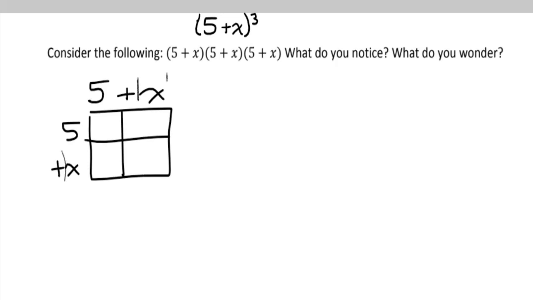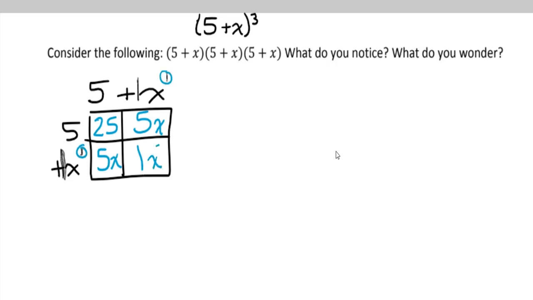Same thing, no coefficient, it's a 1, and no exponent, now that's a 1, and now we're ready to multiply. 5 times 5 in my calculator, 1 times 5, nothing to add this 1 to, so it's just going to be x. 5 times 1, x, nothing to add it to. 1 times 1, I have like bases, so I'm going to add their exponents. 1 plus 1 makes 2.